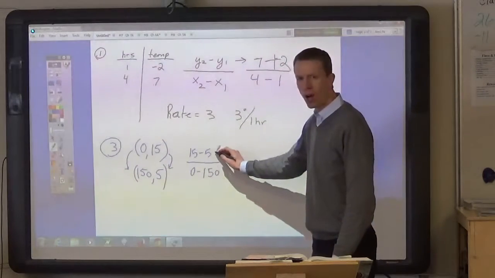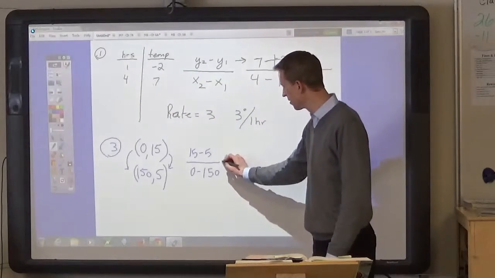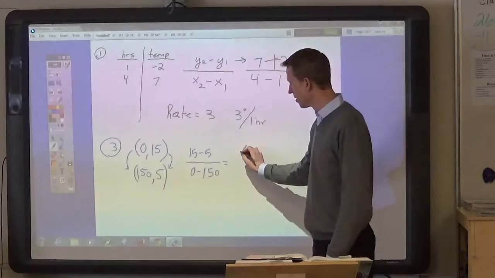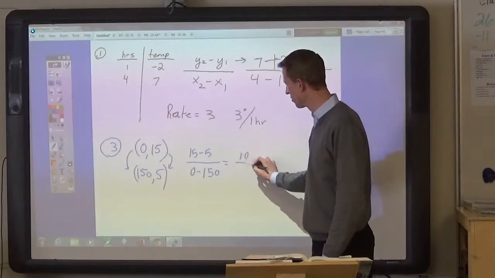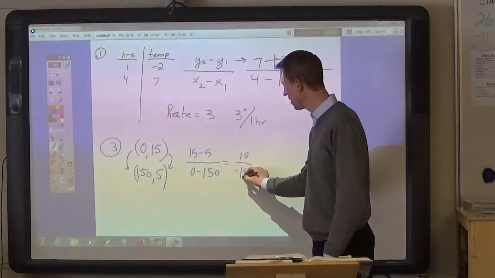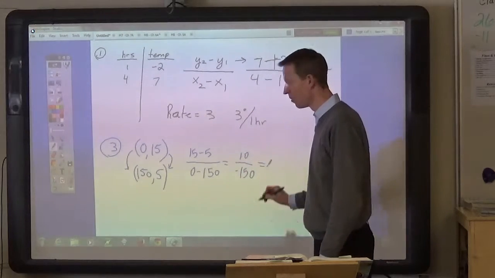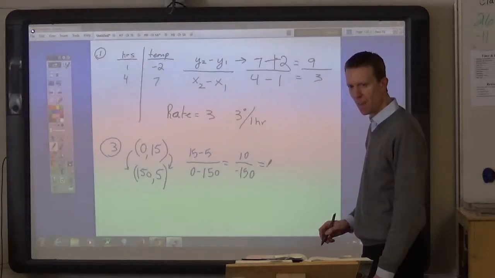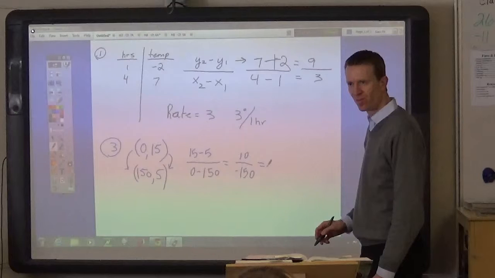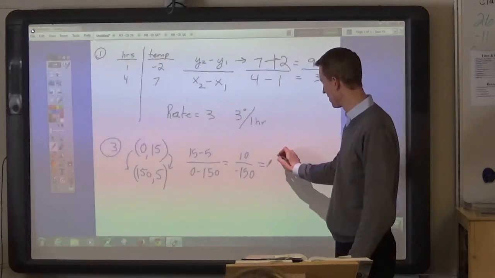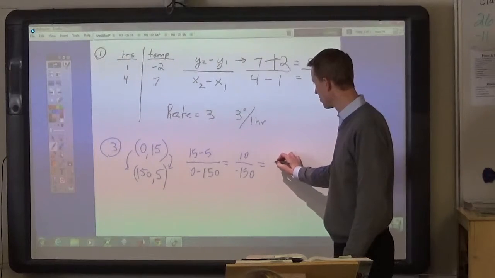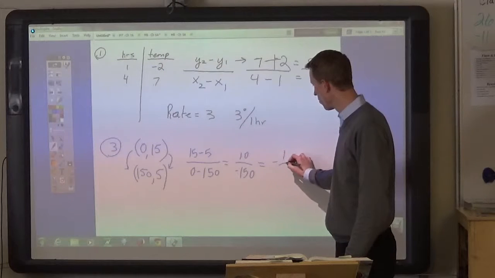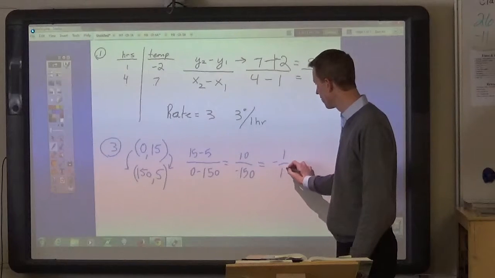It's the change in y over the change in x. So 10 over negative 150, what could that be reduced to? 150 divided by 10 is 15. So it's negative 1 over 15.